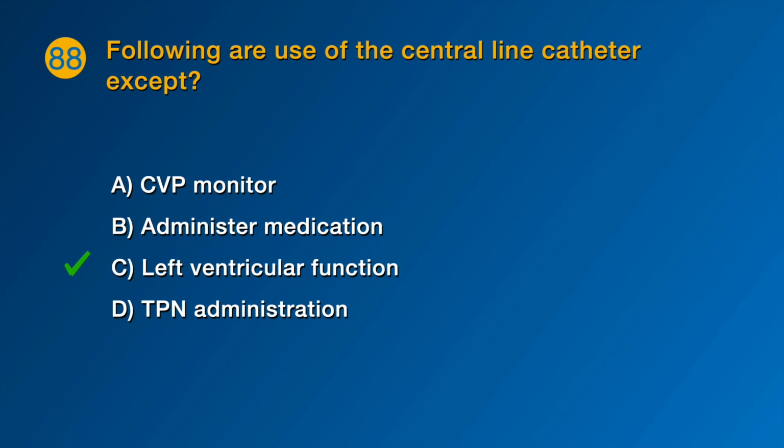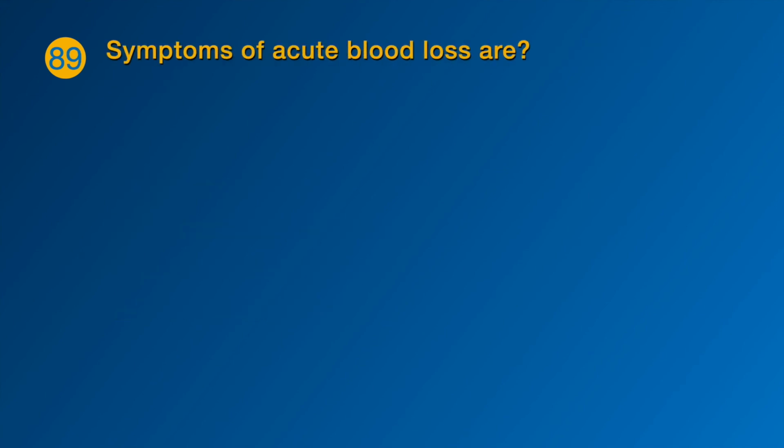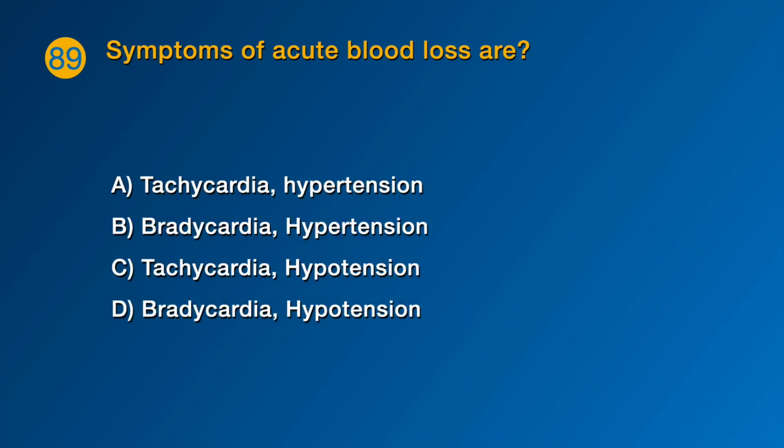So we can monitor CVP, administer medication and administer TPN through the central line. Next question is, symptoms of acute blood loss are, options are tachycardia, hypertension, bradycardia, hypertension, tachycardia, hypotension, bradycardia, hypotension. So answer is C, tachycardia, hypotension.